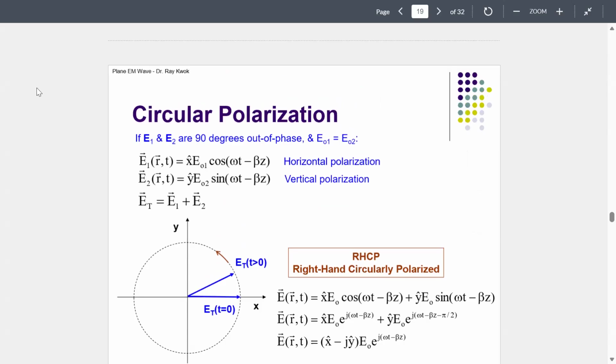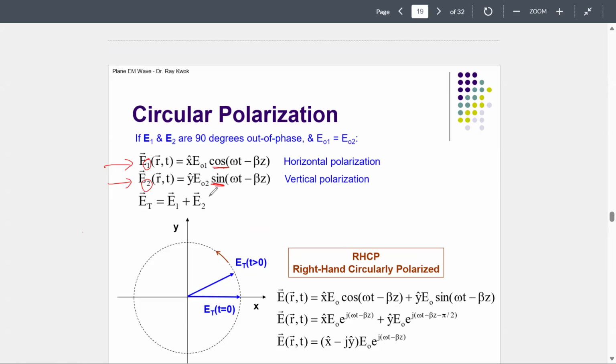If I ask you how to make a circular polarization, it takes a few things. One is it has to be a combination of two waves. I call them E1 and E2. I think I just made up the notation. One is with cosine, the other is with sine. You don't have to follow this notation.